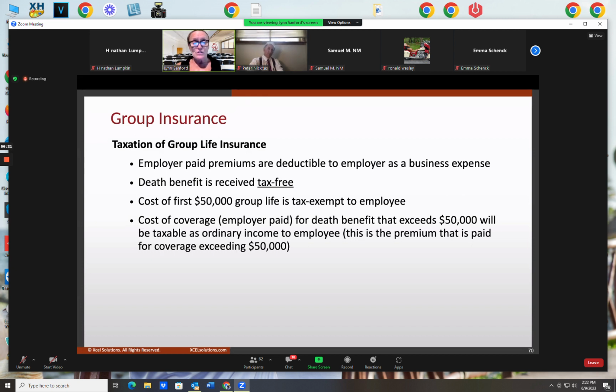For the cost of the coverage in excess of $50,000, the amount of premium the employer is paying for that coverage, because they're giving you $100,000, becomes a taxable benefit to you, and it's going to show up in box 12A, B, or C on your W-2 form at the end of the year.